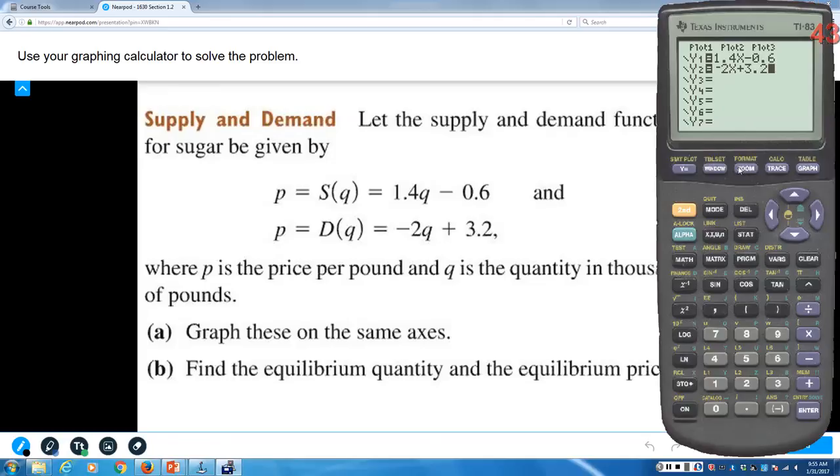And our window probably doesn't need to go negative, so set the window so that you're starting at 0, and we'll start out just going to 10. And if we need to, we'll expand it. You can't sell negative, and you can't have negative supply or demand.